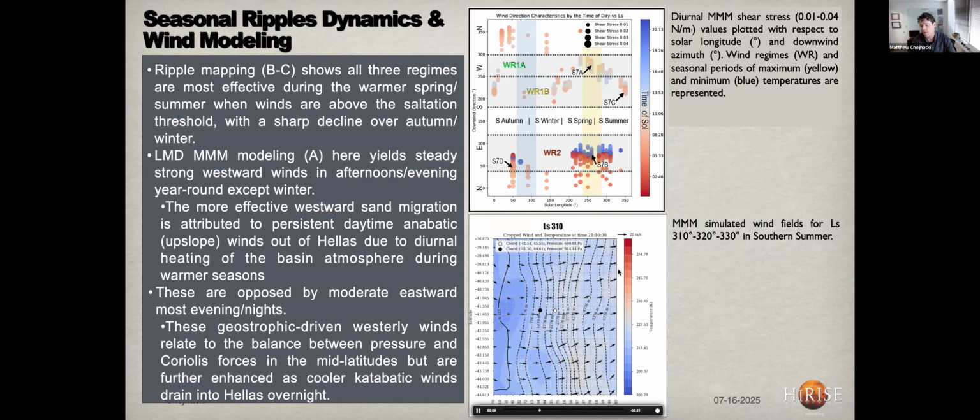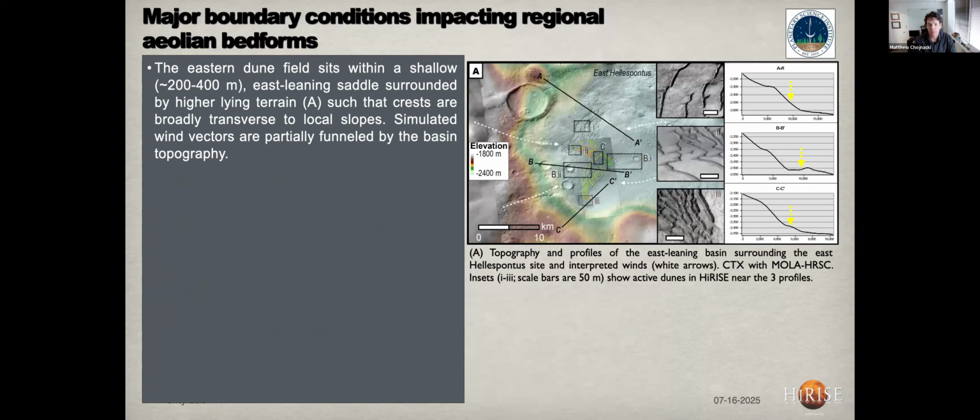Cooler winds are draining into Hellas each evening, but at lower rates, which make them less effective at moving sand transport. But there's other boundary conditions that are impacting regional aeolian bedforms and their transport.